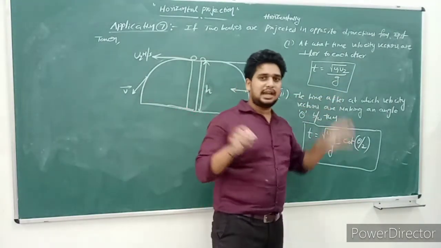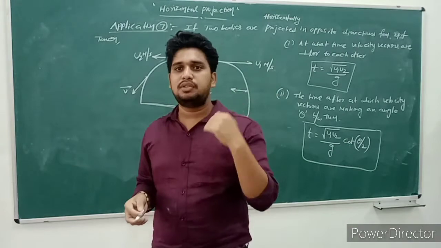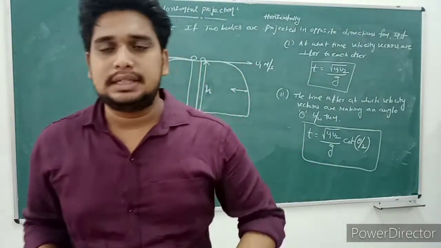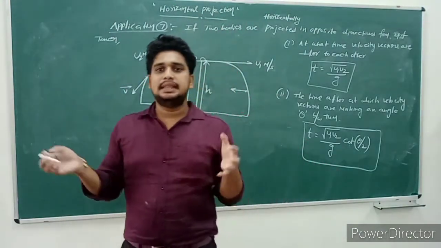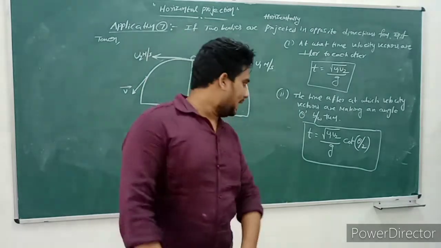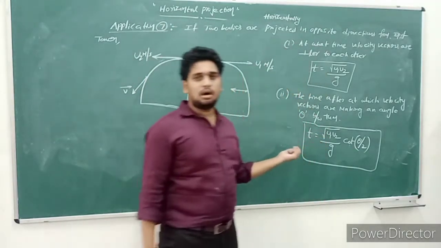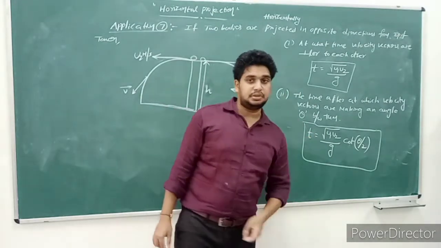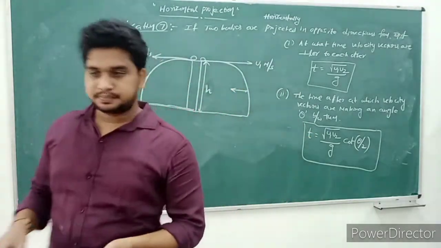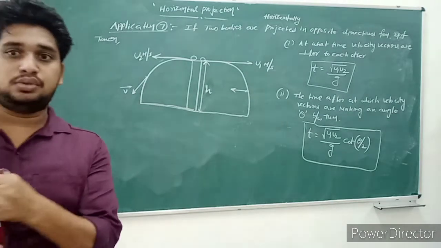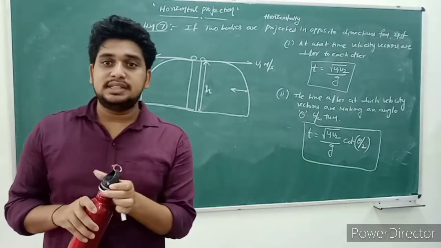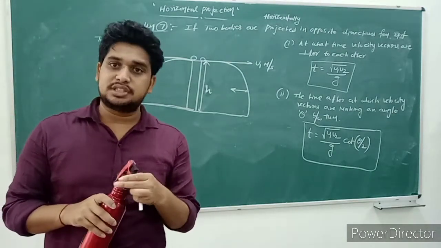So sometimes the question is asked like this: the time after which velocity vectors are making an angle theta between them. At that time you consider the formula t is equal to square root of u1 u2 by g into cot theta by 2. Right. So this is about the first one.